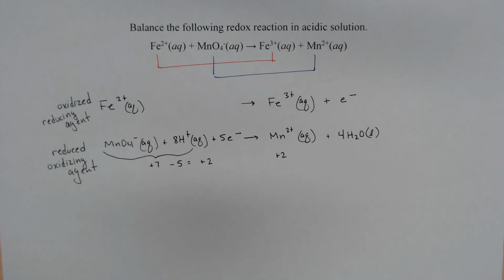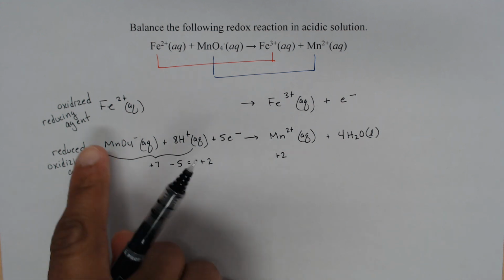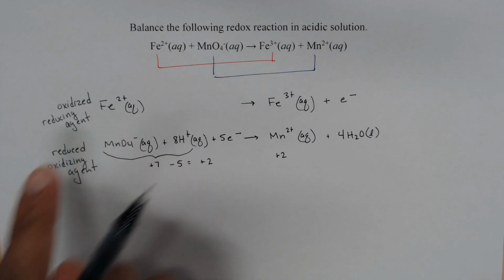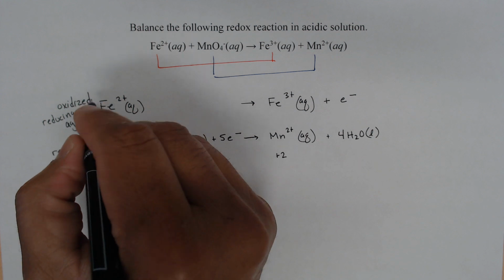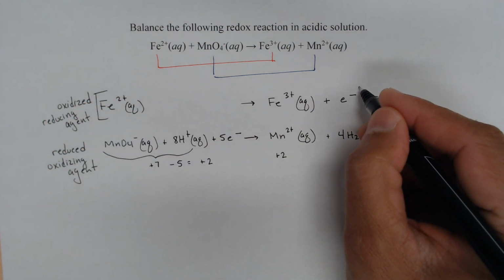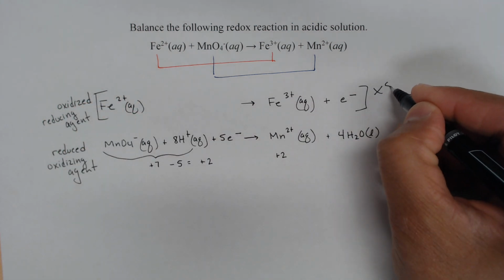So the electrons don't balance. So what we'll have to do is multiply the top equation by 5. So I'll put here in brackets times 5.